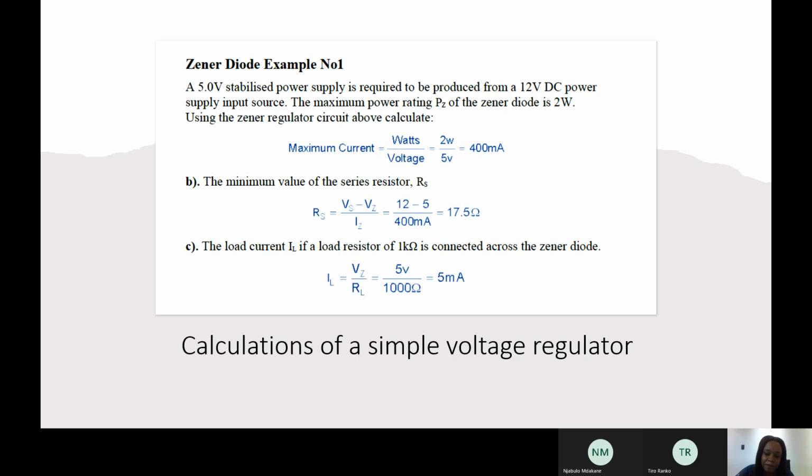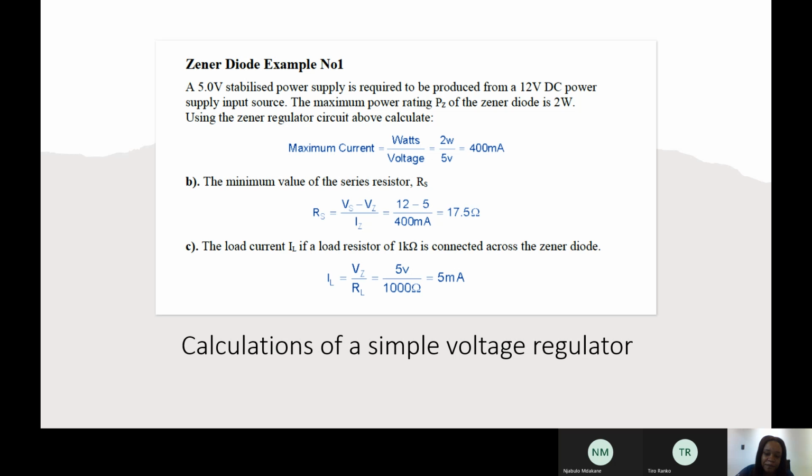Remember, the Zener diode voltage has to be 5 because they say they want a 5 volt stabilized power supply. The voltage regulator stabilizes voltage, so if they tell you that, that's what they want the Zener voltage to be. Okay, so you must make sure of that.